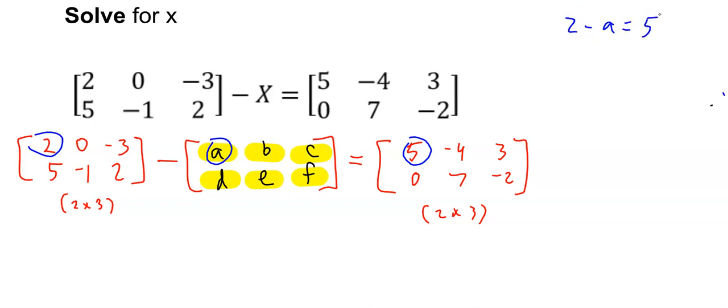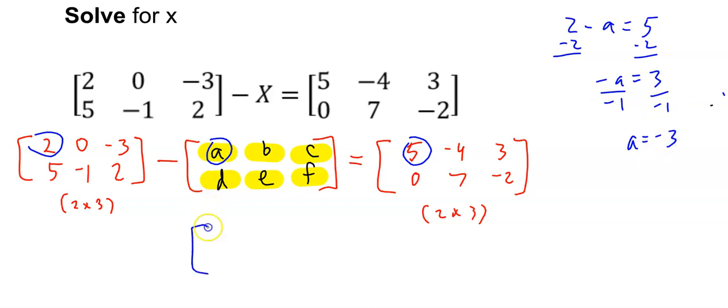Now, some of you can just think that through. You'd be like, oh, 2 minus -3 is 5. But for the rest of us, we just have to solve that like an equation, subtract 2. And you get -A equals 3. And then divide by -1, you get A equals -3. So I know that's -3 as the top left-hand term.